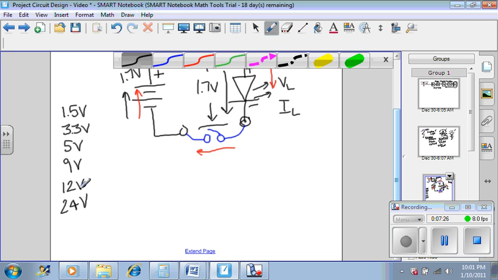Now, I do not know the history behind these numbers. I know the history behind this number is a standard voltage for digital circuits. And this voltage here was the standard voltage for transistor radios. This is like a standard voltage for car batteries.